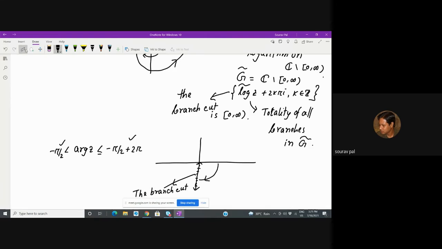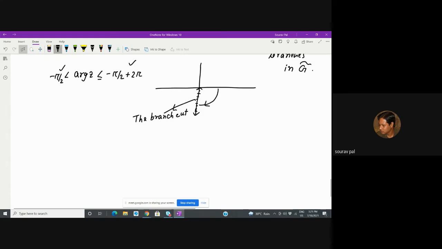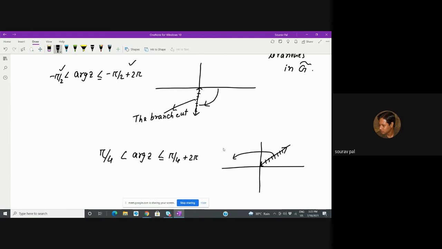So if you choose any other interval, you have one half line to be removed. For example, if you choose pi by 4, then you are removing pi by 4, this line. You are removing this half line, this is your branch cut then.